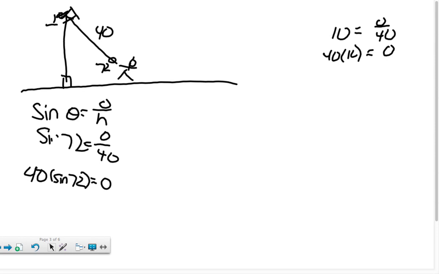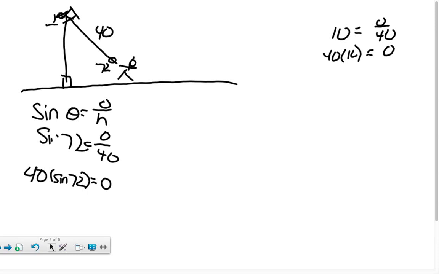You don't have to calculate sine of 72 to the very end. You go 40 times sine of 72. It's just a number. I would just always suggest that you isolate your variable with your sine, cosine, tan, whatever, and then do all your calculations at once. Okay? Because that way you will get better precision. You get a much more accurate answer.